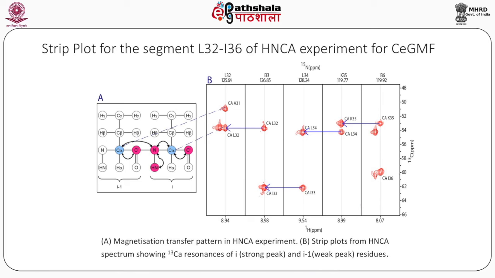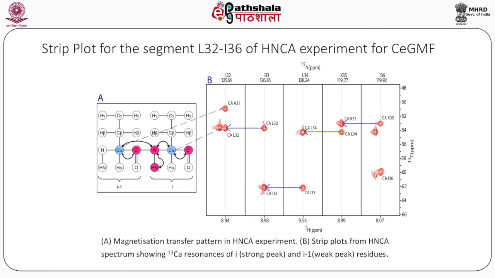In the next strip, you have the C alpha chemical shift of L34 and then a lower peak which corresponds to the C alpha of the preceding residue, which is I33. Then we find the C alpha of I33. This corresponds to an N15 chemical shift plane of 126.85 ppm and a proton chemical shift of 8.98 ppm.